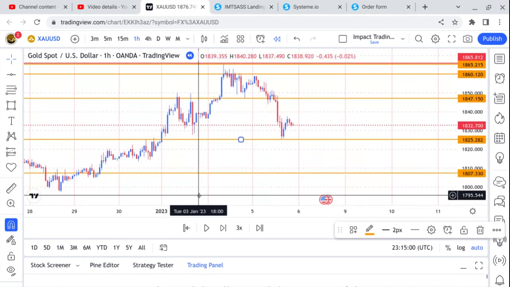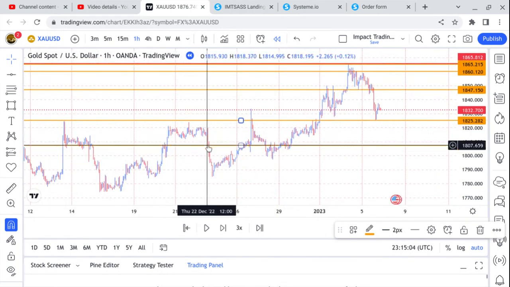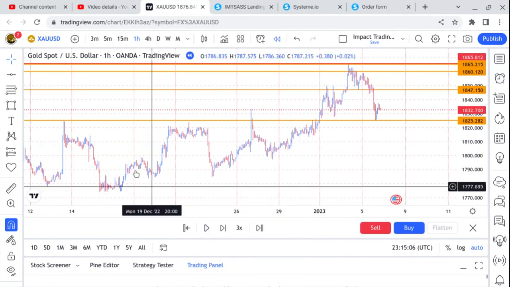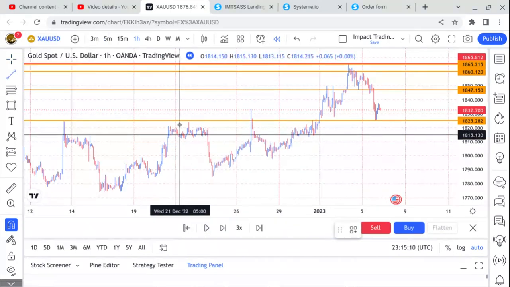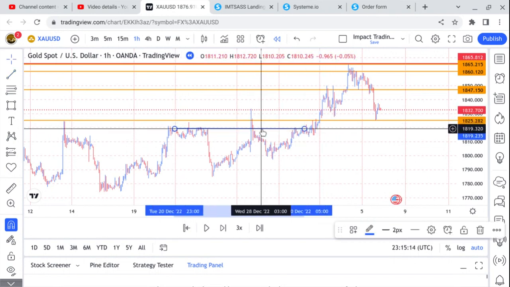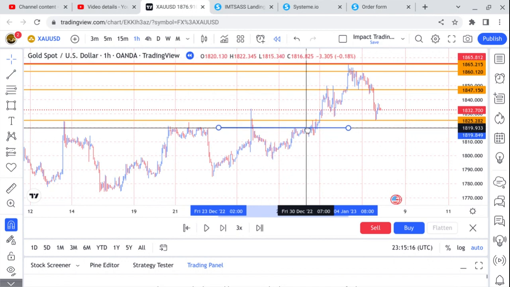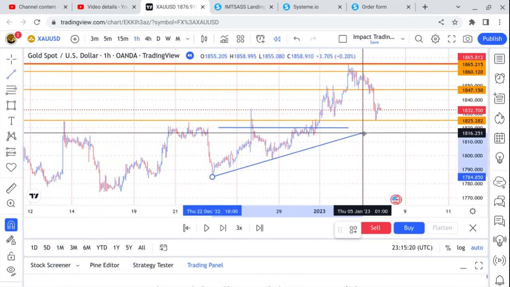That is a retrace, a breakout retrace of this pattern right here. Breakout retrace of this triangle here.